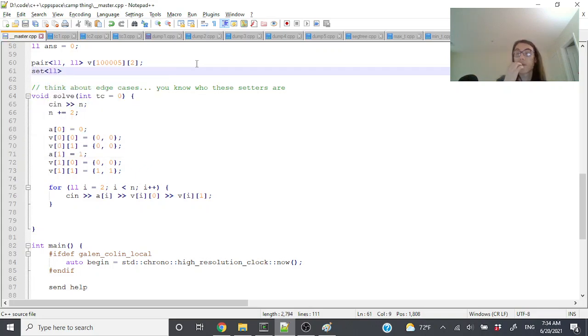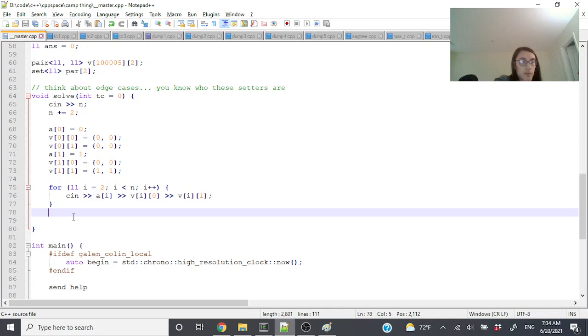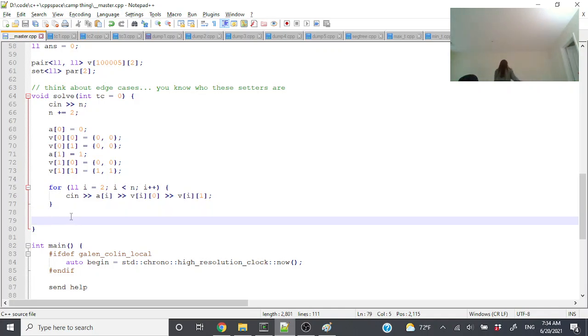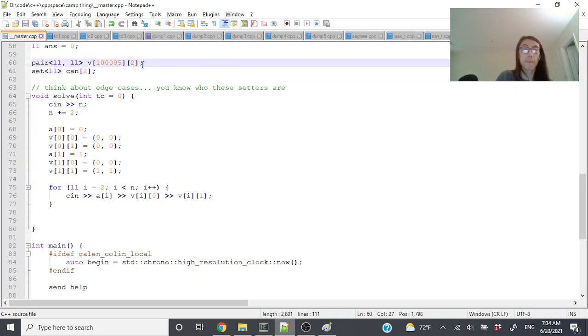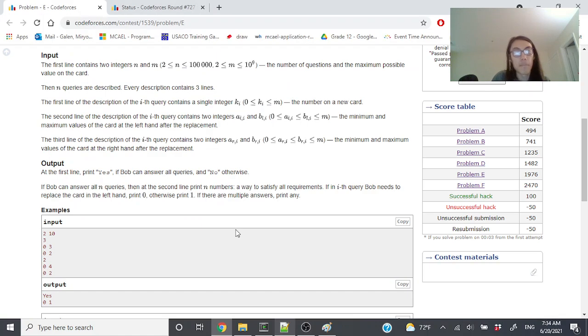Set par. Like, implementing the beginning parts are kind of annoying too. Constructing isn't that bad.